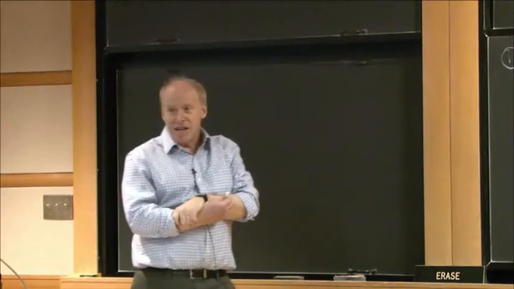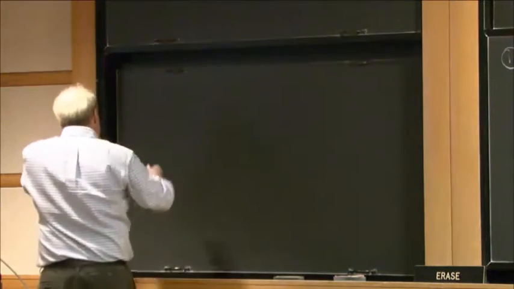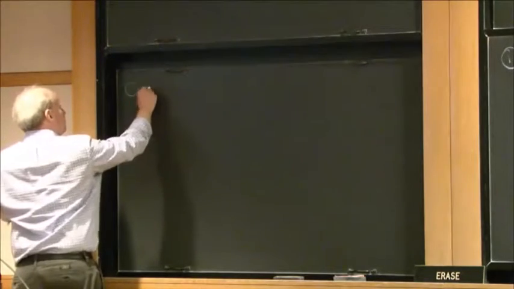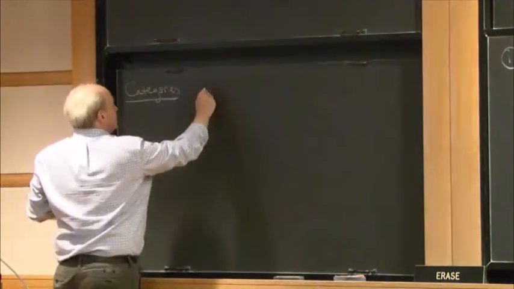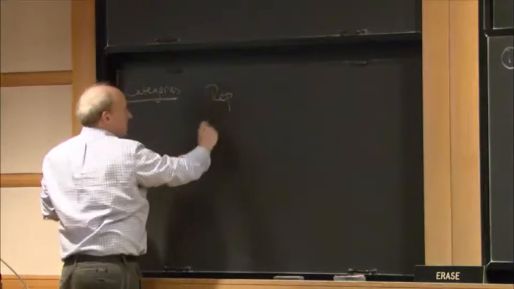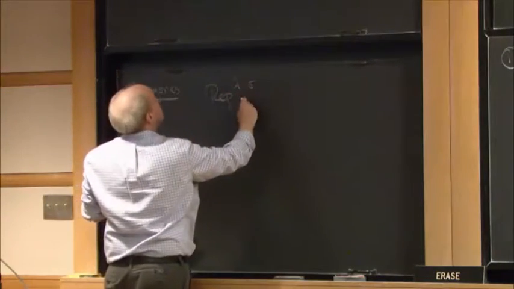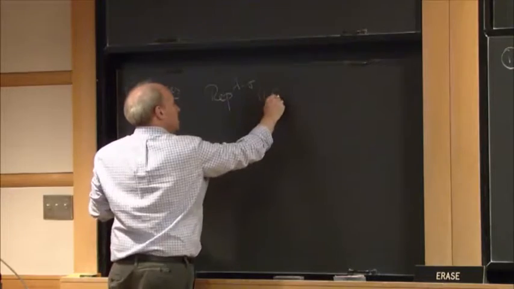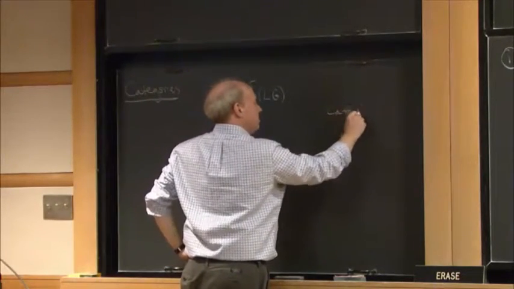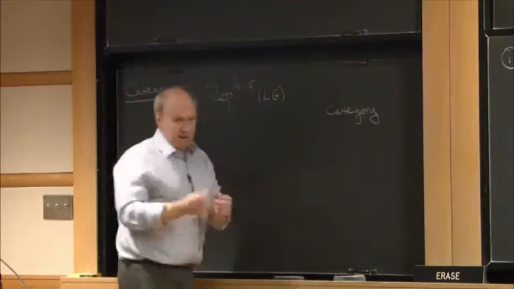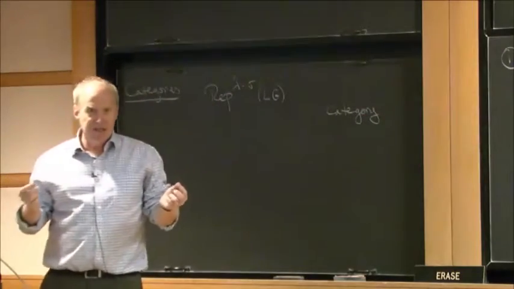It's the Grothendieck ring of a category. And so there's a category of representations at some level, maybe shifted level, of LG. This is a category. So we can make a category whose objects are these representations.